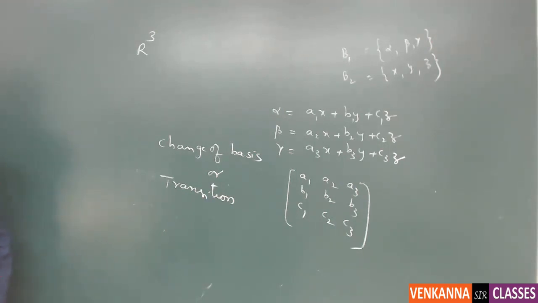So change of basis with respect to B2 of B1. You can say transition matrix of B1 with respect to B2. Okay? Did you get the logic? Using B2, I have written linear combination. So change of basis matrix of B1 with respect to B2.